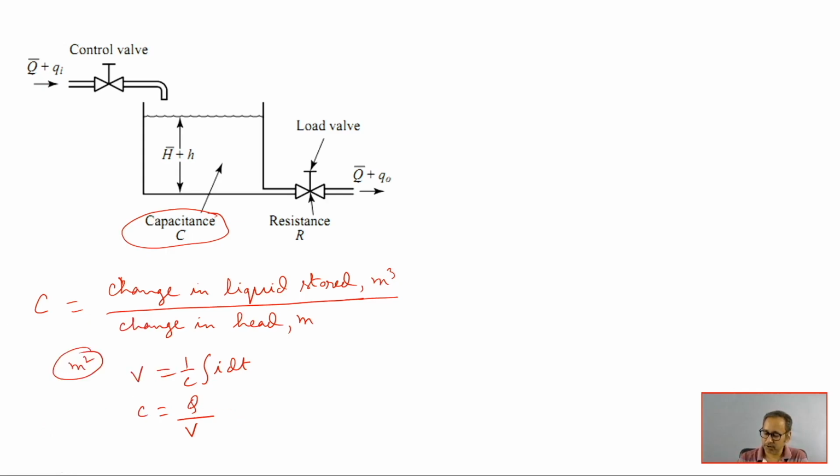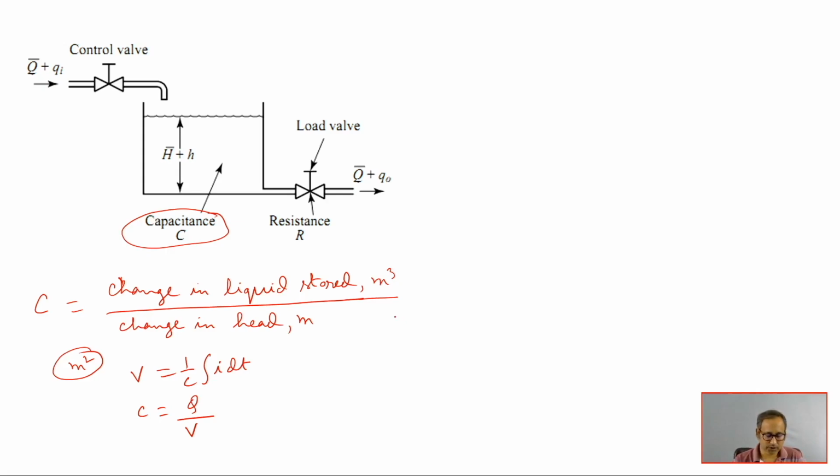So, in this case charge means the charge stored, that is the same as the liquid stored, and voltage means the change in head, that is the potential head. So, you will find a clear analogy with the electrical system in this case also.